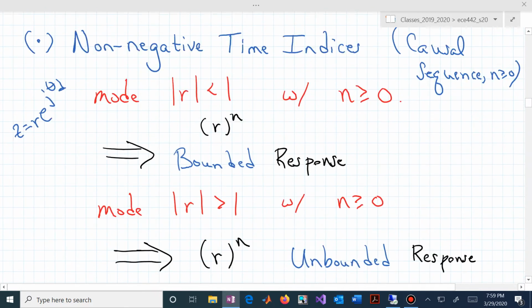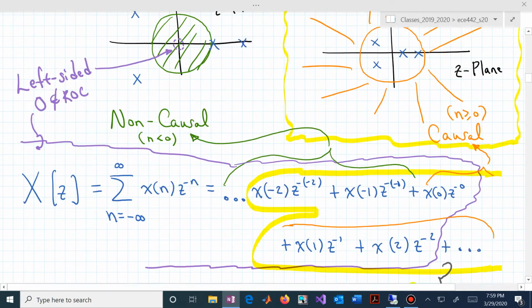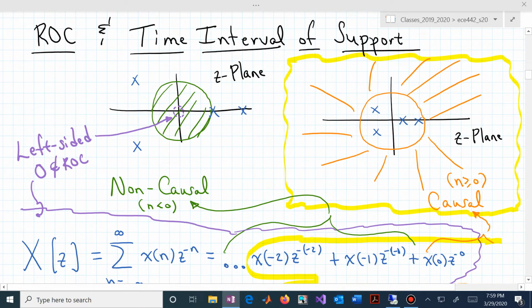Again, you can look at the region of convergence and ask whether the unit circle lies on top of, or is contained in, the region of convergence.